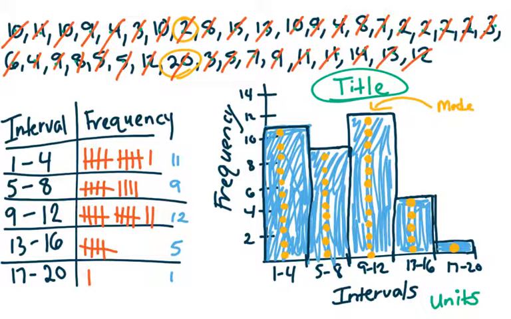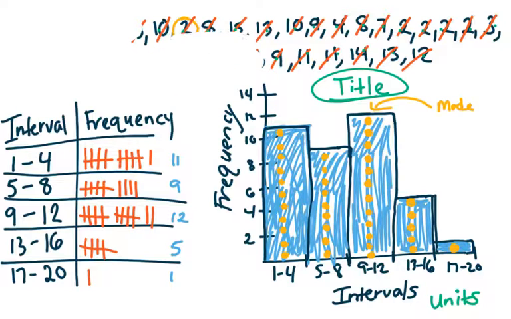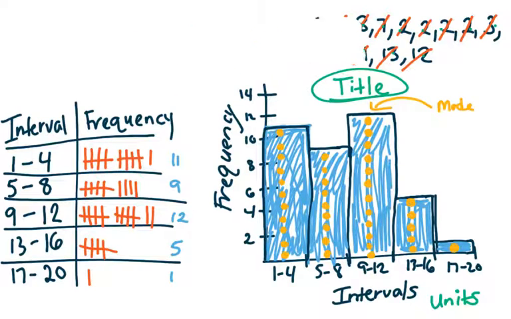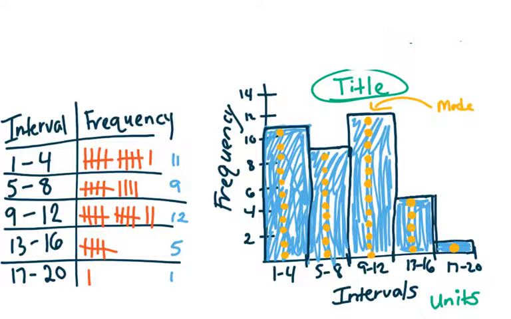Now, I mean, I could use my data, but what if you didn't have the data? With a histogram, you're often not given the data because the data list is pretty big. You can still find where the median is, you just won't know what it is exactly.